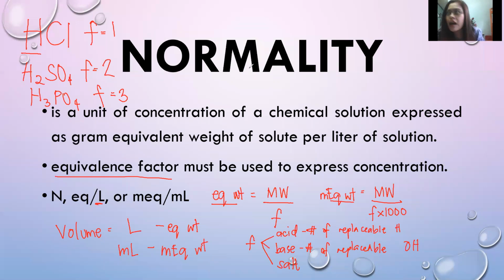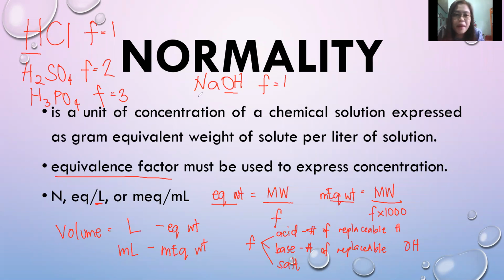Mostly, our inorganic bases have OH in their formula, just like sodium hydroxide. This is a basic substance. As you can see it has OH, you just count how many OH are present. Just like this one, there is only one OH, so the equivalence factor here is 1.